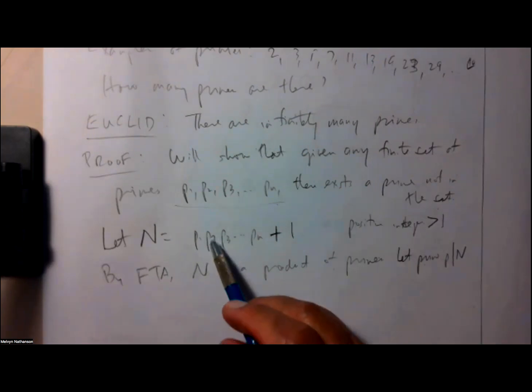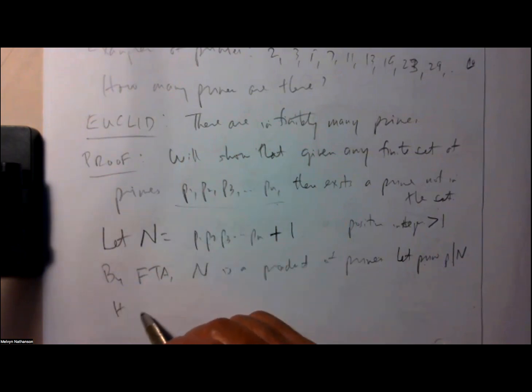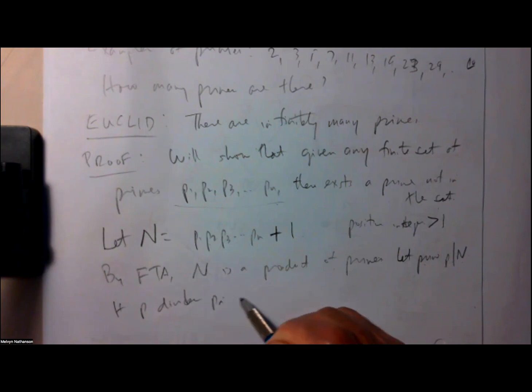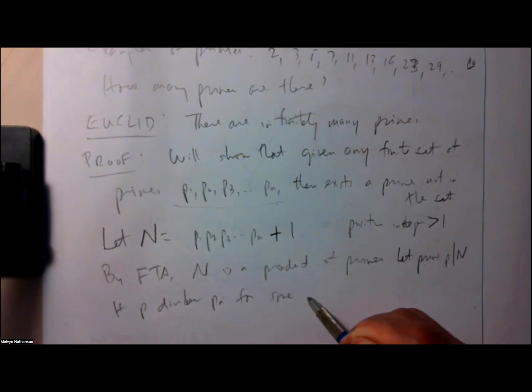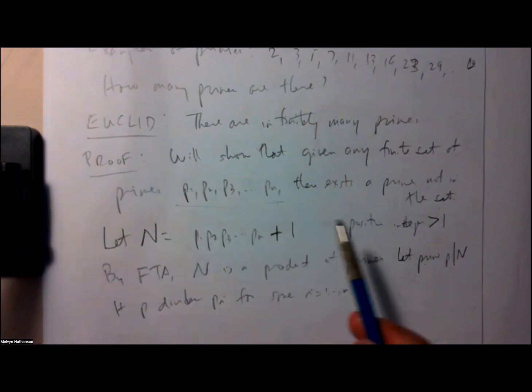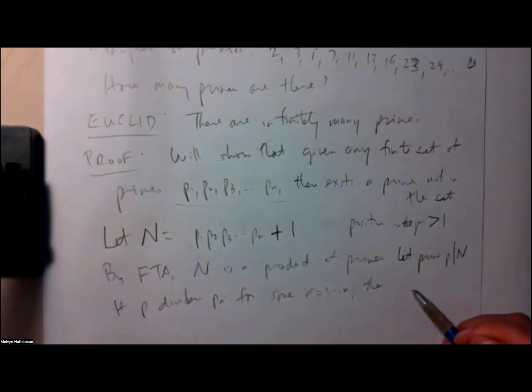But now, what can we say? So P divides N. But if P is one of the primes we started with, if P equals P sub i for some i between 1 and little n, that is, if P is one of these primes, then what can we say?